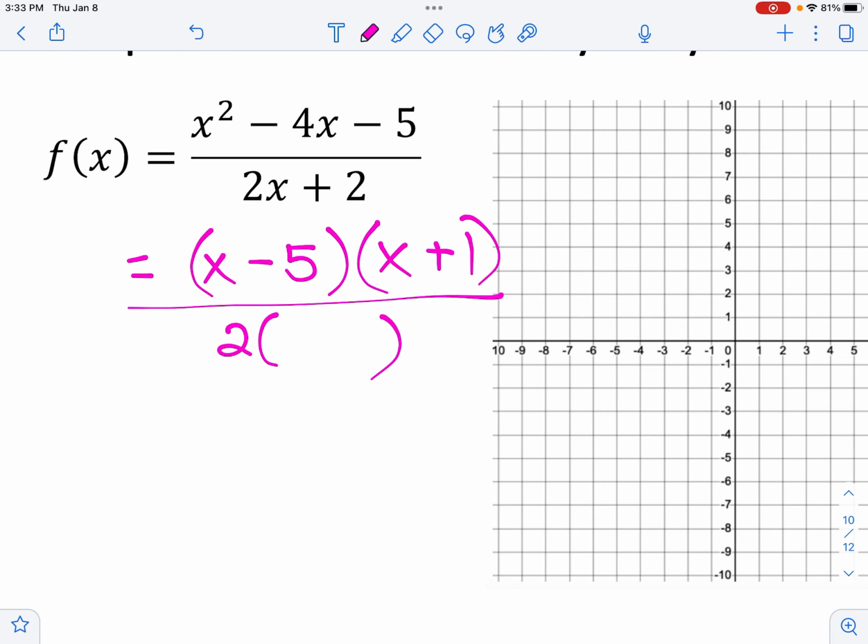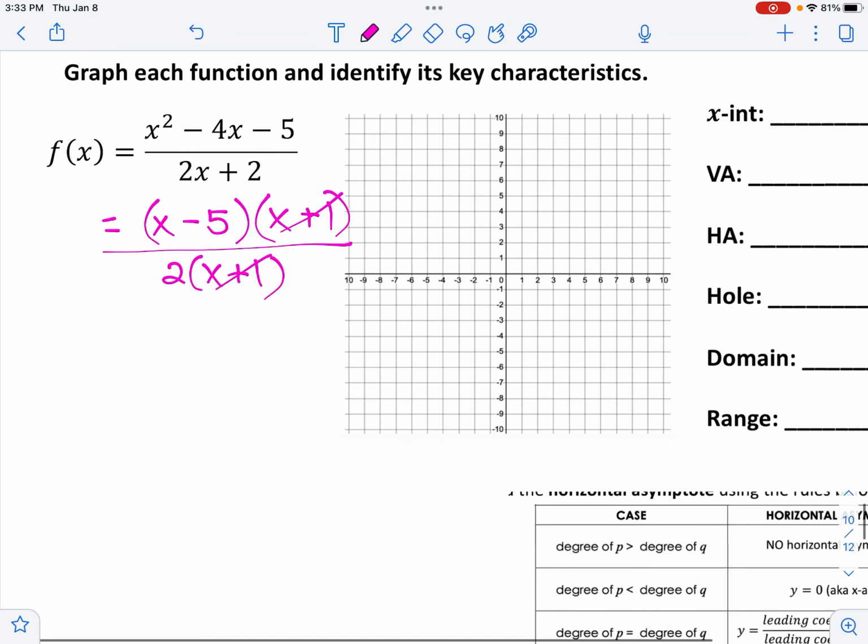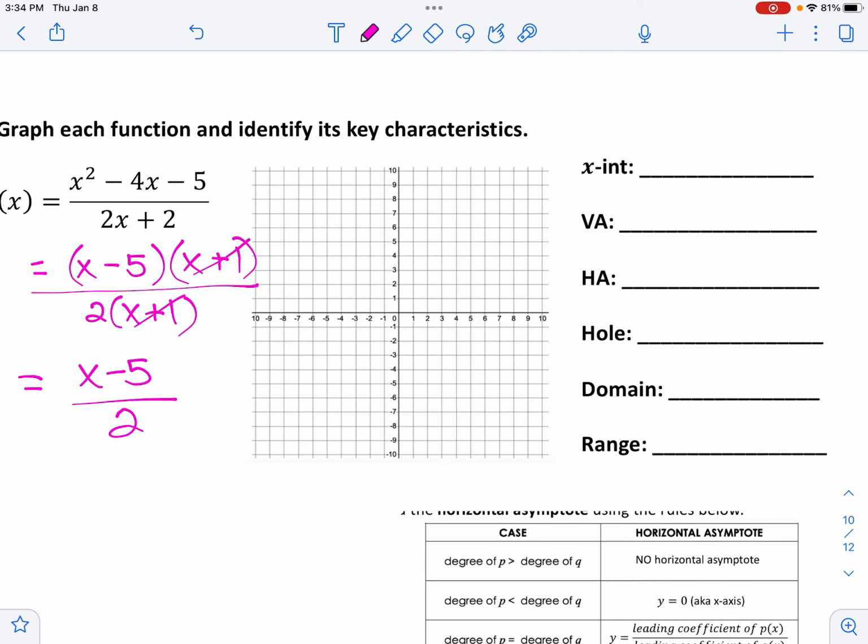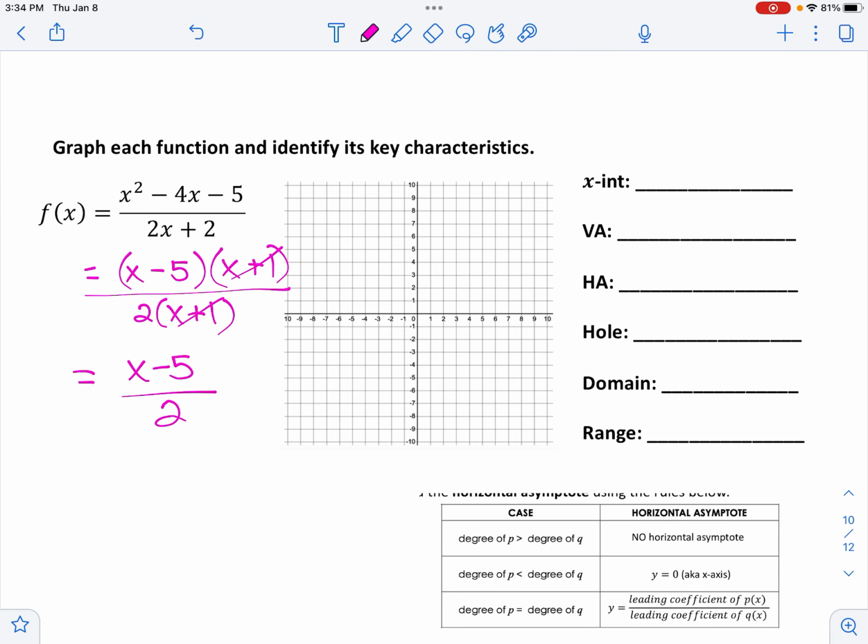On the bottom, I have a 2 as a common factor. So if I pull that out, I'd end up with x plus 1. Okay. So then these common factors cancel out. This means I will have a hole. Right now I'm left with x minus 5 over 2. In the numerator, if I set that equal to 0, that gives me my x-intercept. So that's going to be 5, 0.